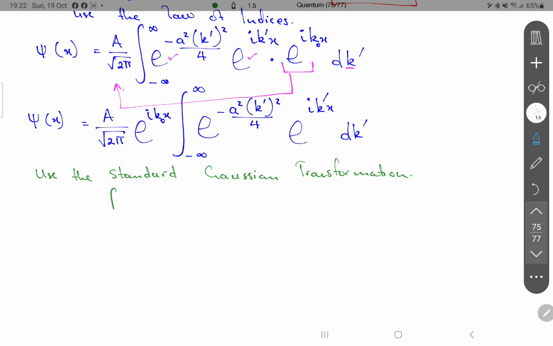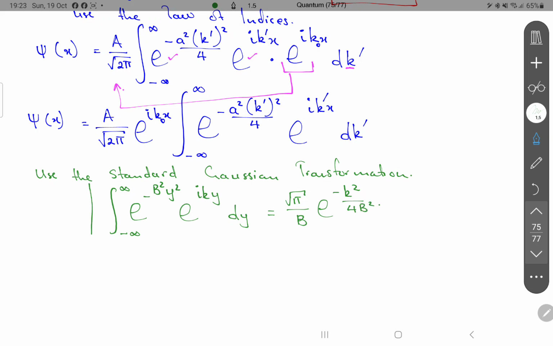So the standard Gaussian transformation says the integral from negative infinity to infinity of e^(-b² y²) e^(i k y) dy equals the square root of pi over b, e^(-k² / 4b²).